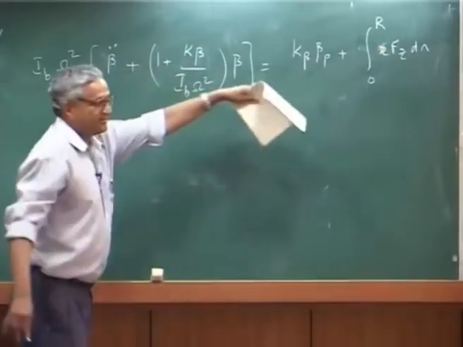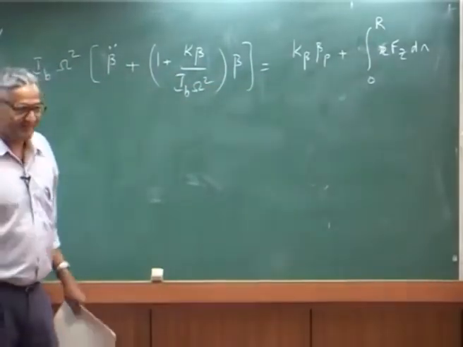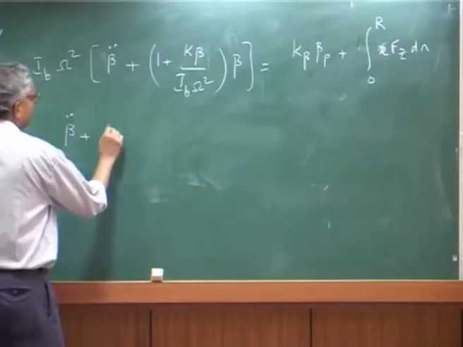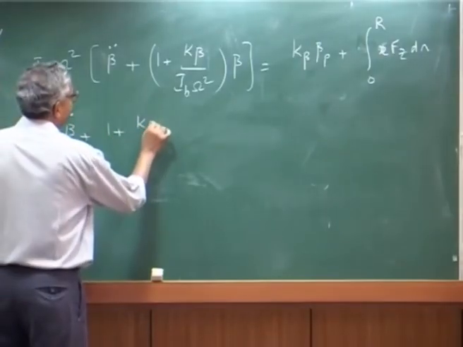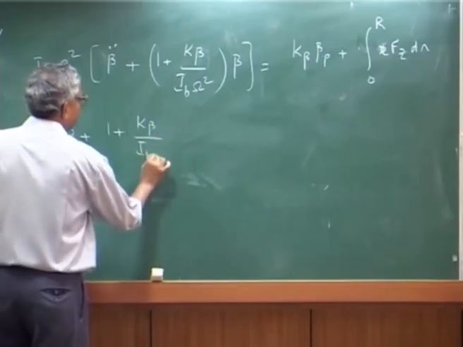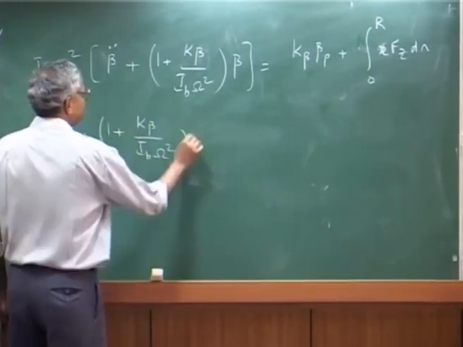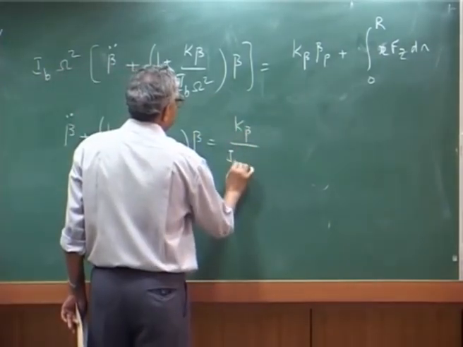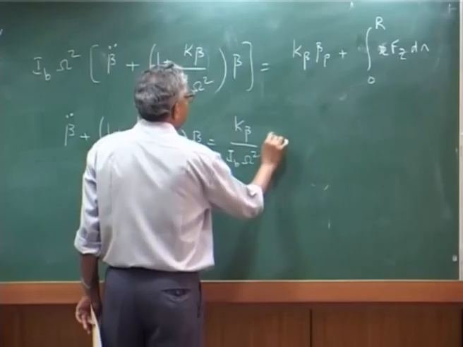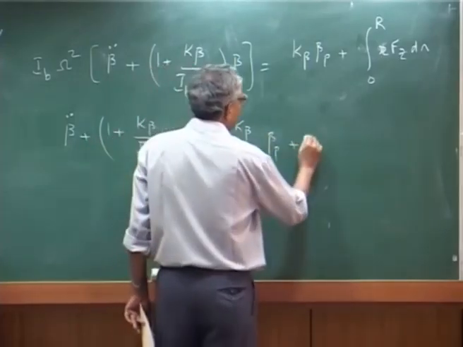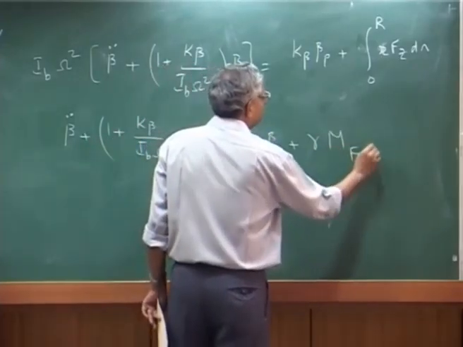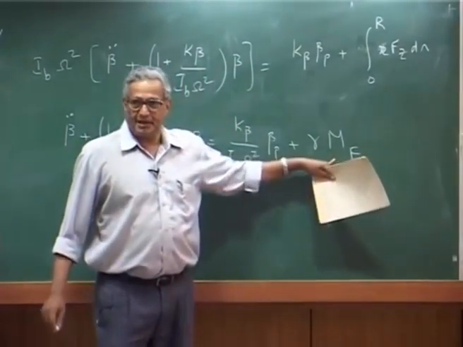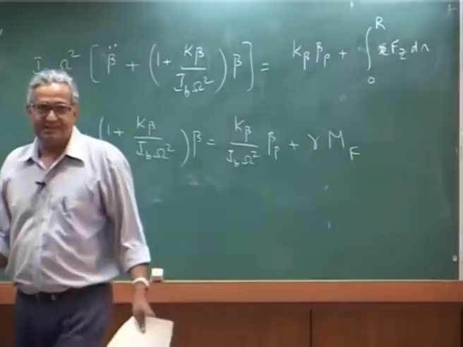Now I make it completely non-dimensional, then this will become beta double dot plus 1 plus k_beta over I_b omega square beta equals plus gamma M_f. Okay. This will not change. M_f is what we wrote earlier.